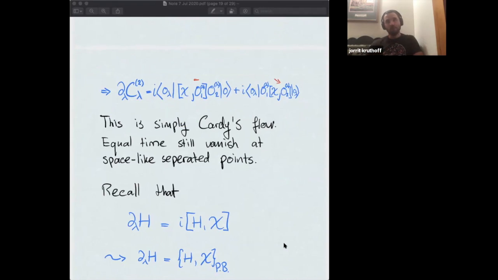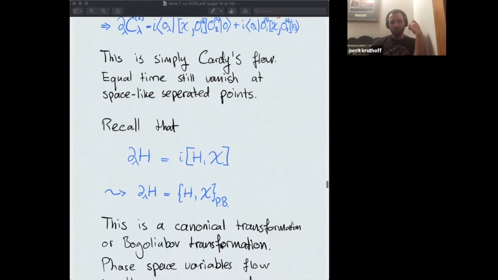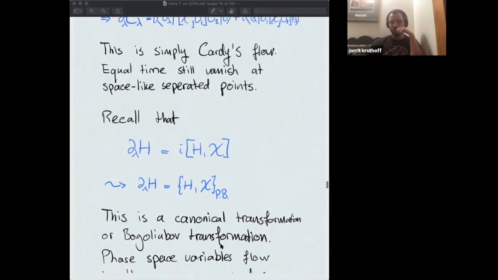One way to understand why you still have that same algebra of operators is that you can think of this flow of the Hamiltonian, given by a commutator with the Hamiltonian, as a canonical or Bogoliubov transformation on your phase space variables.